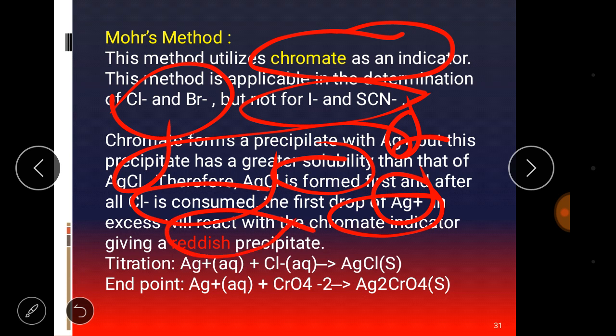So the titration starts with the precipitation of silver chloride, and after all the chloride ions are consumed, the excess silver plus reacts with chromate to make silver chromate, which is reddish in color.